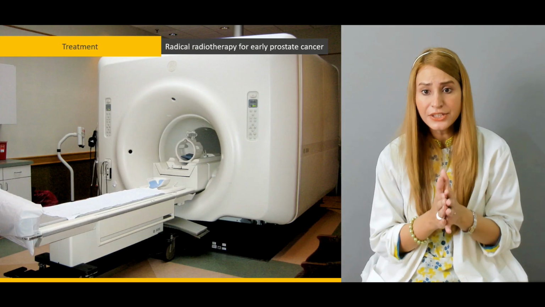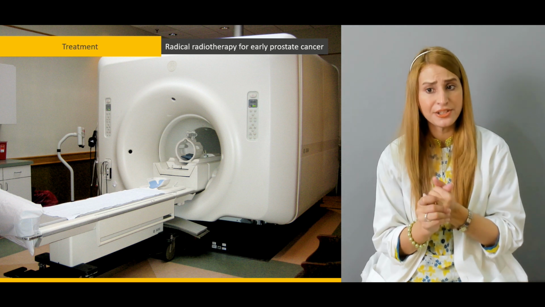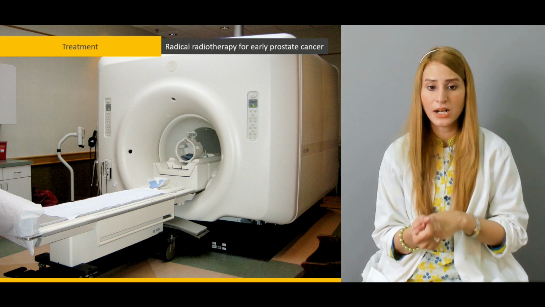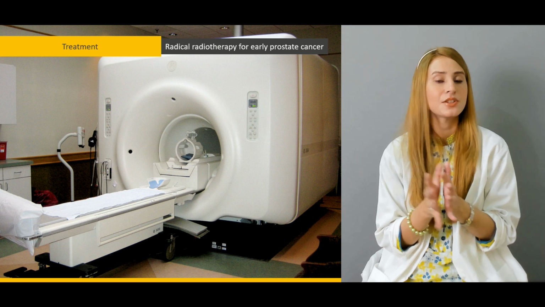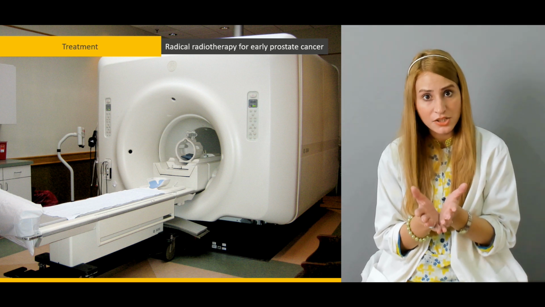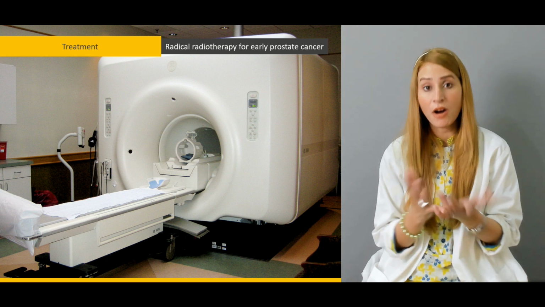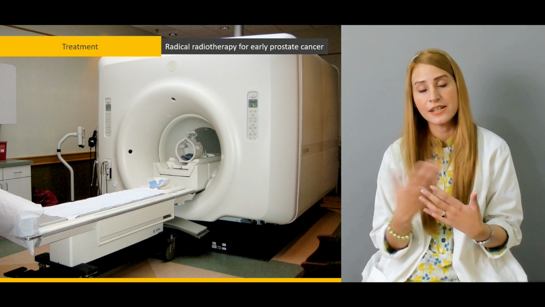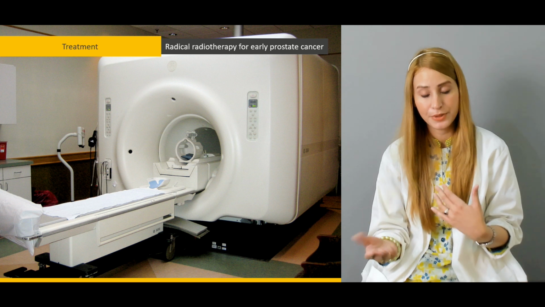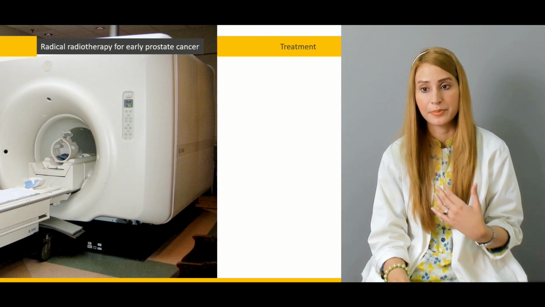You can also see that there is radical radiotherapy for prostate cancer as well, because sometimes the tumor is not that invasive, but since you're not sure about the margins of the cancer, in case of early prostatic cancer, you also put the patient on radical radiotherapy.